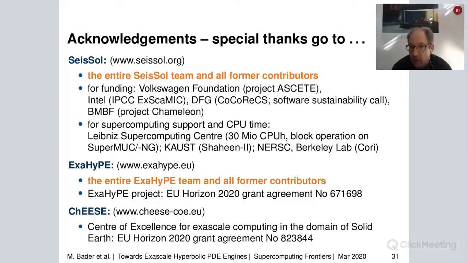ExaHyPE is really focused on ADG and octree-type Cartesian meshes, which are dynamically adaptive. So this is really fixed. In that sense, it's an engine. It allows simulations of that kind, but then you're flexible in terms of the hyperbolic PDE. We've been starting with hyperbolic PDEs for the time being. We are expanding that, but this was really the design criterion at the beginning.